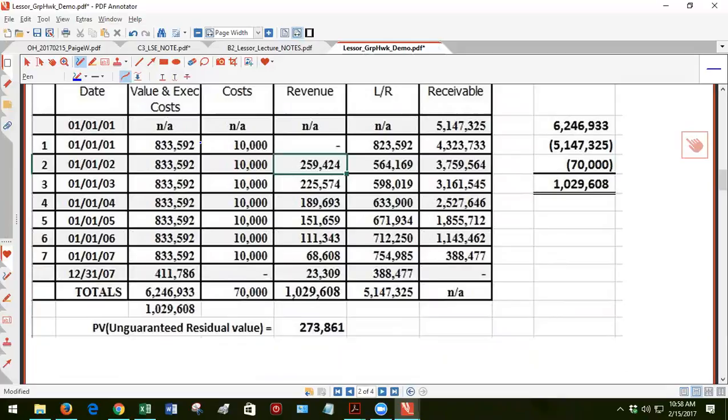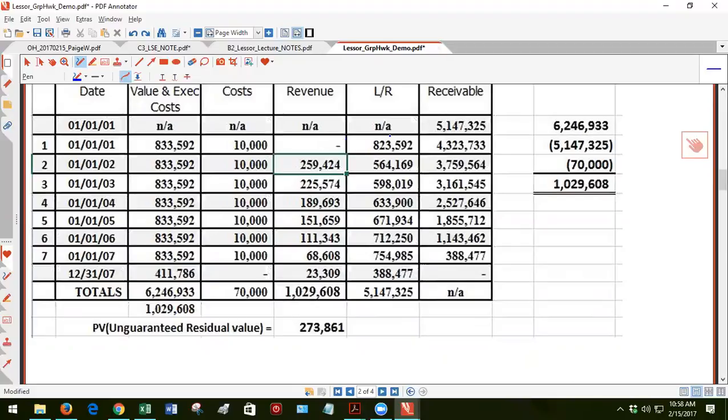Here are the 7 payments plus the executory costs. Here's the residual value of 411,786. Here's a column for executory costs, which you'll see in your textbook.